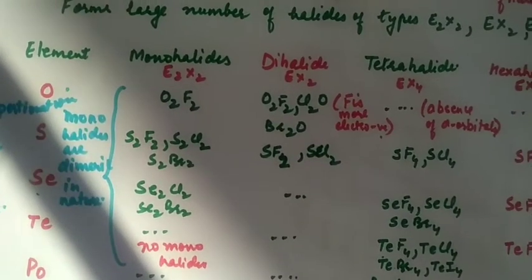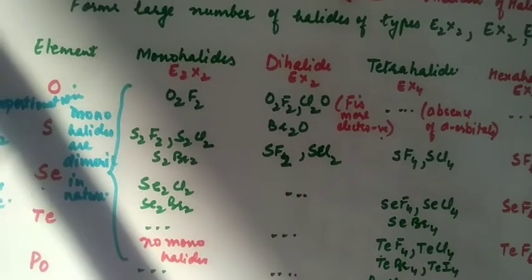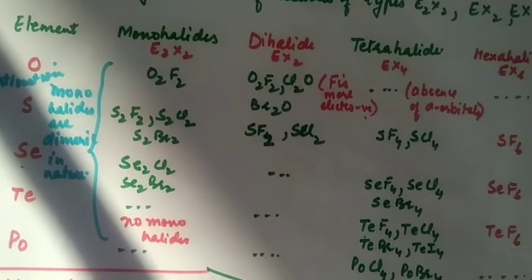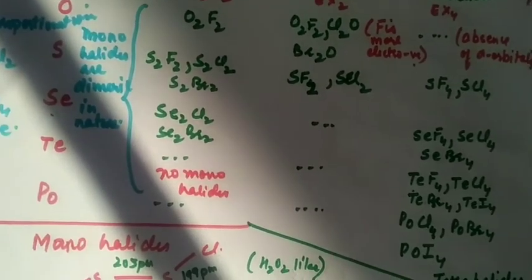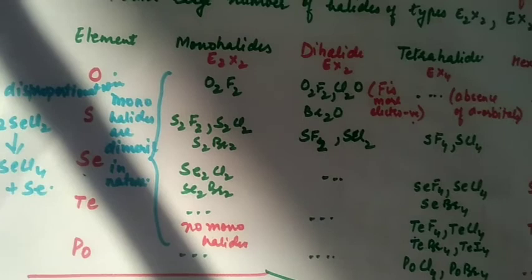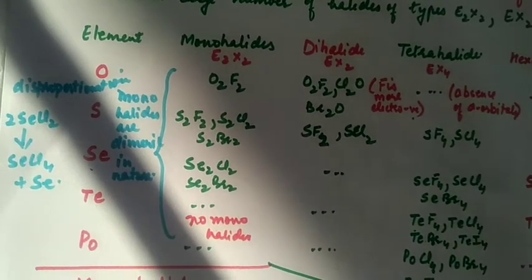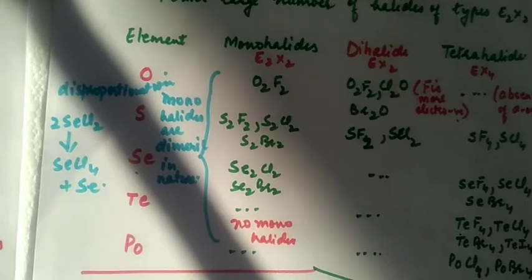When they form monohalides, these are O2F2 dioxygen difluoride, S2F2, S2Cl2, S2Br2, Se2Cl2, and Se2Br2. There are no monohalides of tellurium and polonium. These monohalides exist in a dimeric state in nature and can undergo disproportionation reactions.